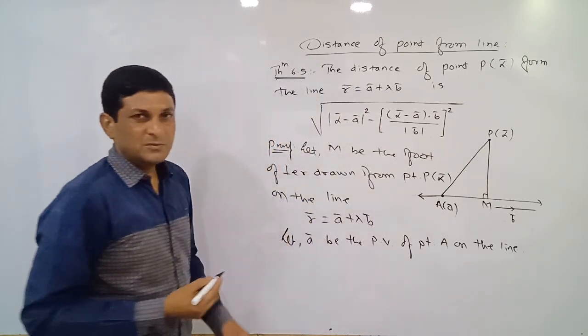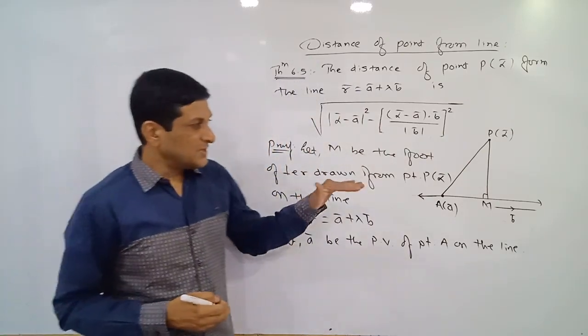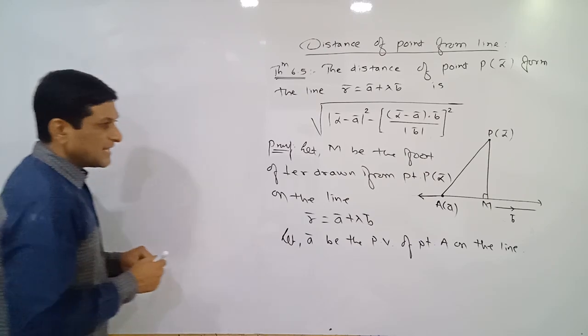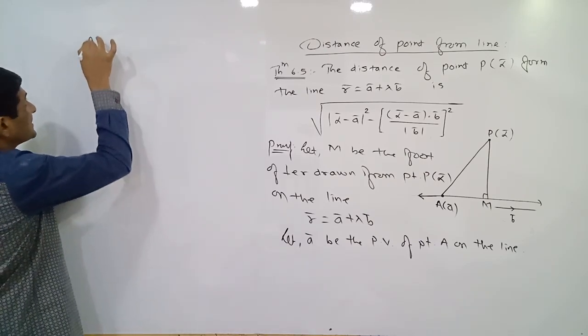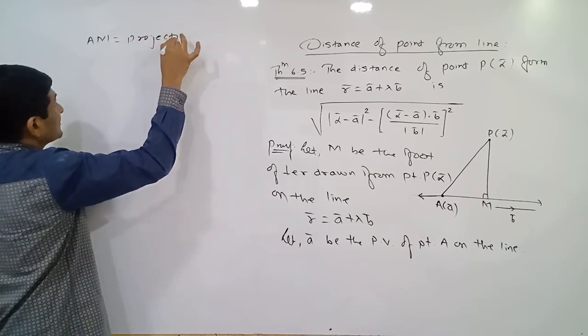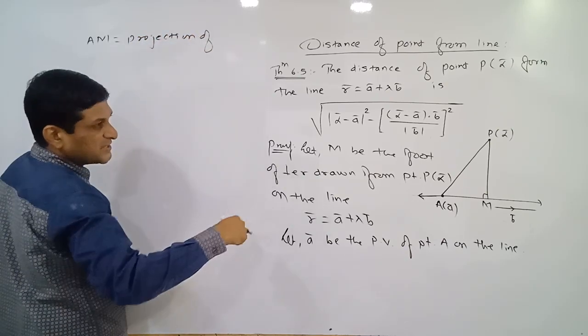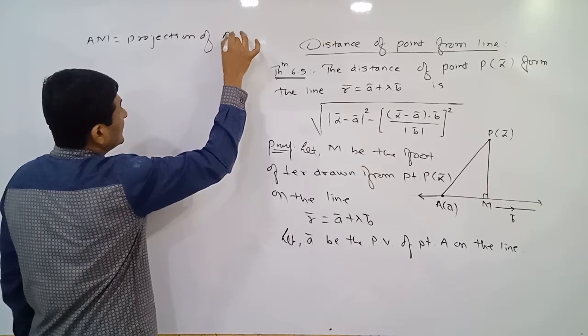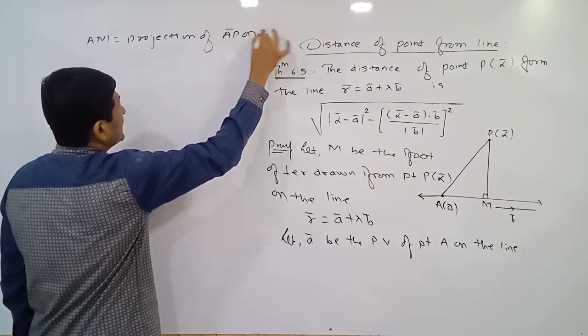Now if you observe this figure carefully, AM is nothing but the projection of vector AP bar on vector b bar.